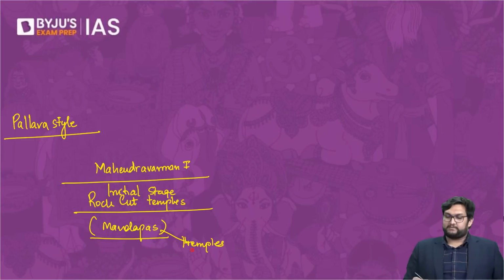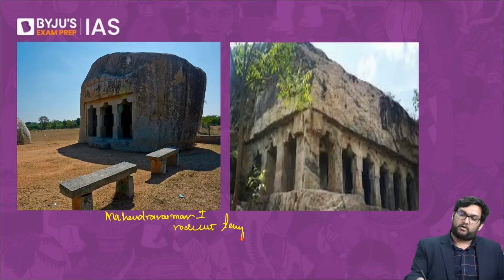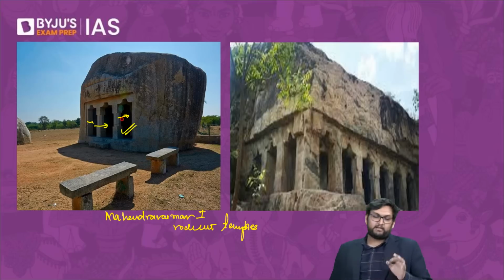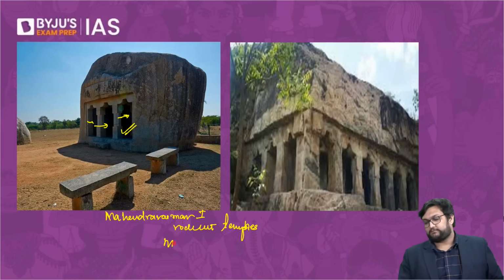For example, these are called Mahendravarman I rock cut temples. It's a rock, he's made a temple into it. That is basically what Mahendravarman is doing. Basic rock cut. Rock cut means monolithic structures.